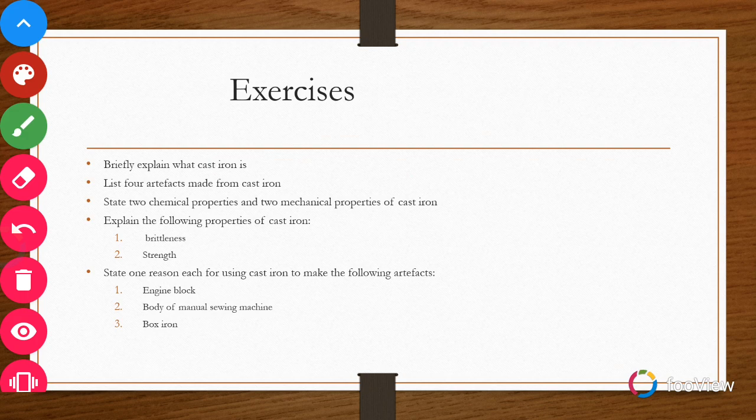You are to list 4 artifacts made from cast iron, state 2 chemical properties and 2 mechanical properties of cast iron. In fact, you have to do them separately. Explain the following properties of cast iron, that is brittleness and then strength. Finally, you have to state 1 reason for each for using cast iron to make the following artifacts. That's the engine block, the body of a manual sewing machine, and then the box iron.